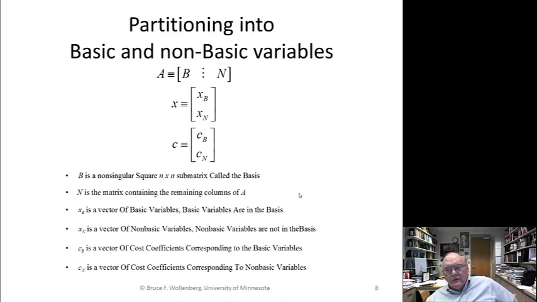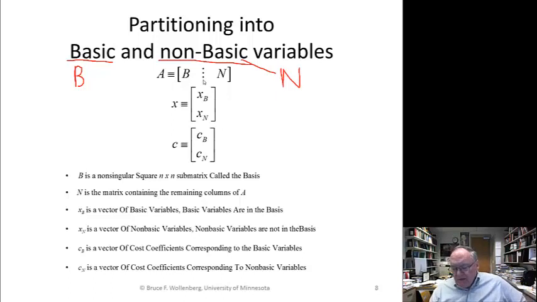So we partition the set into basic and non-basic variables. The basic has the B, and the non-basic here we call N. So A is partitioned into B and N, and x is partitioned into partly B and partly N, and so is the cost.